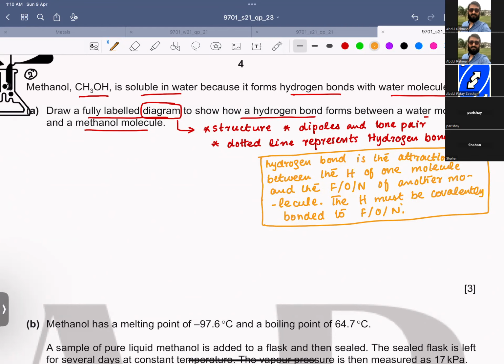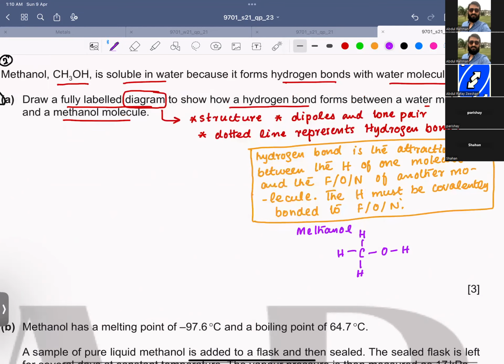Okay. So we have to show the hydrogen bond between methanol and water. If I draw a displayed structure of methanol, as it's CH3OH, there are 3 hydrogens bonded to carbon and 1 hydrogen bonded to oxygen, right?